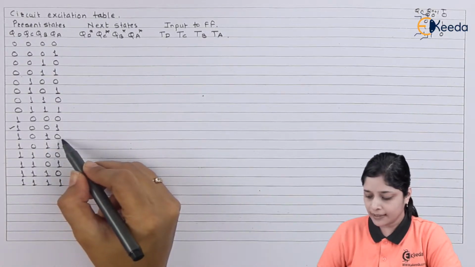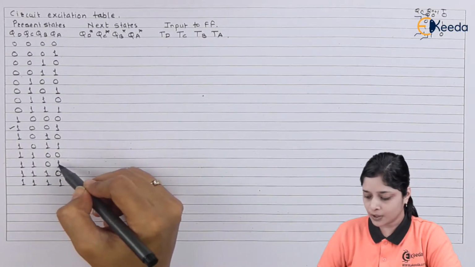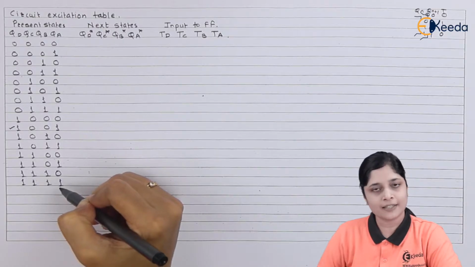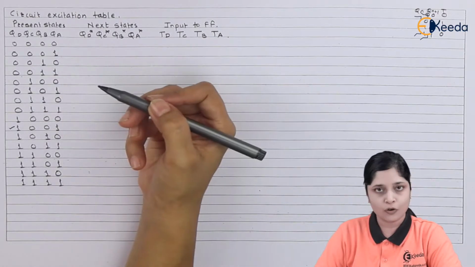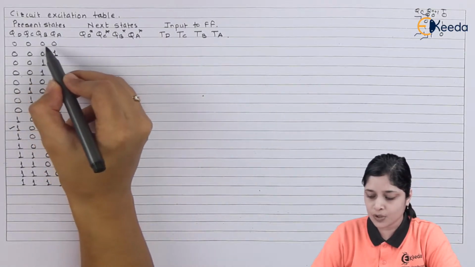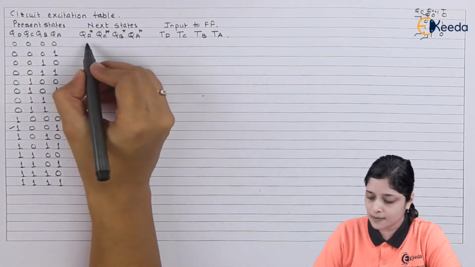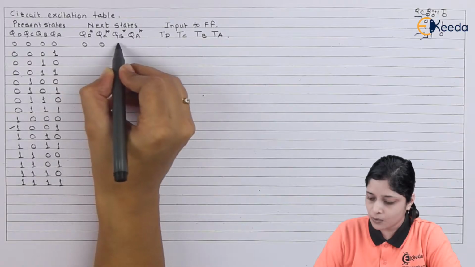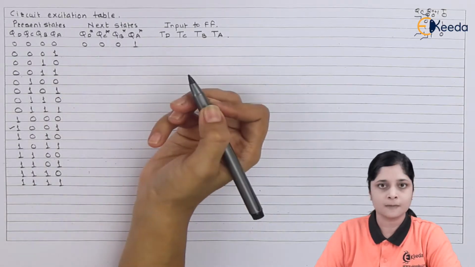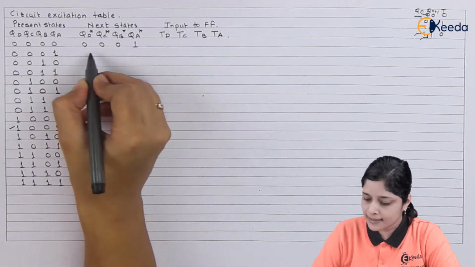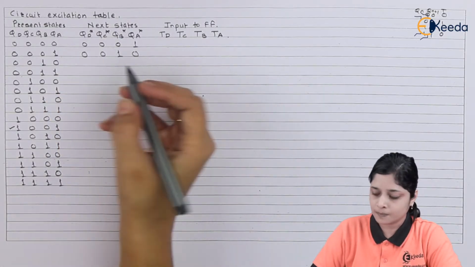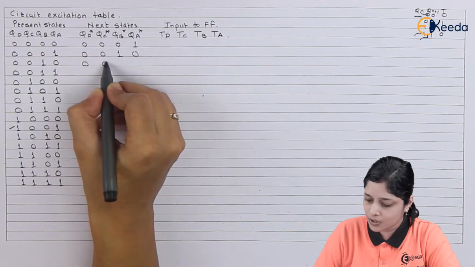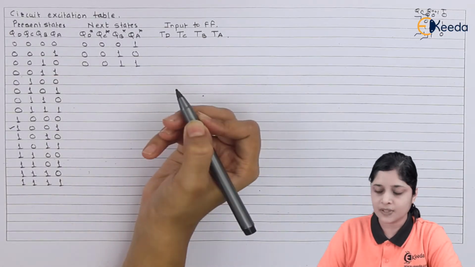Now for 10, 11, 12, 13, 14 and 15 next states will be 0. So we will design accordingly. For 0, 0, 0, 0 next state is 0, 0, 0, 1. For this 0, 0, 1, 0. Then 0, 0, 1, 1, that is 3.